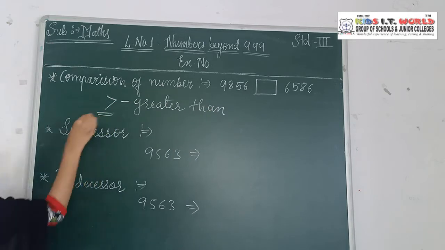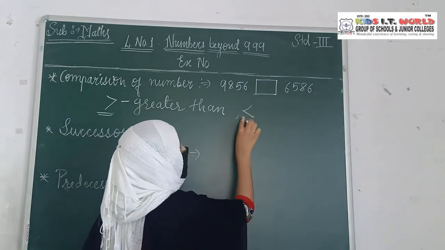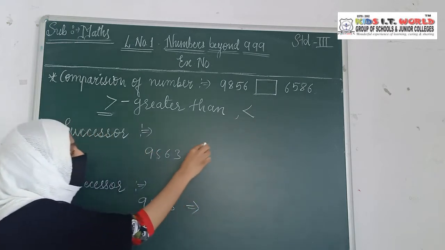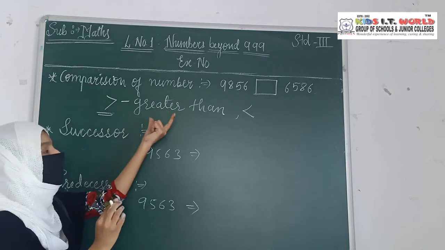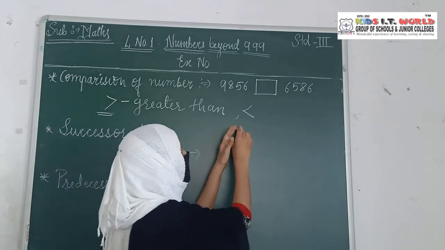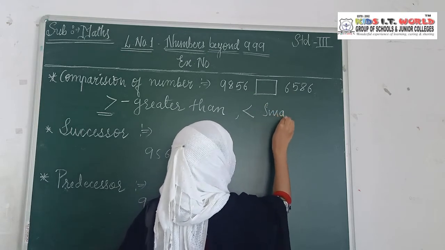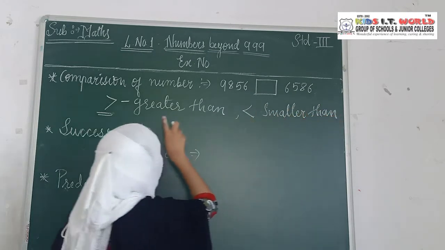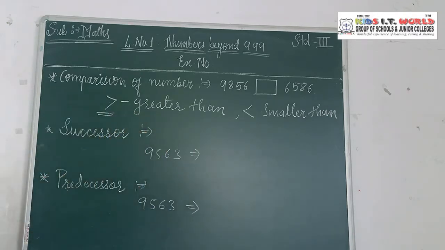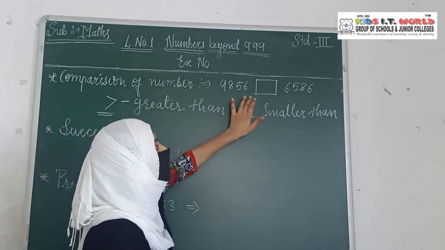The symbol which has its face on the left side is called greater than, and the symbol which has its face on the right side is called smaller than. Students, you have to remember this symbol, and on the basis of it you can compare numbers.